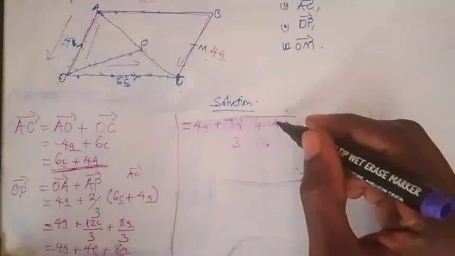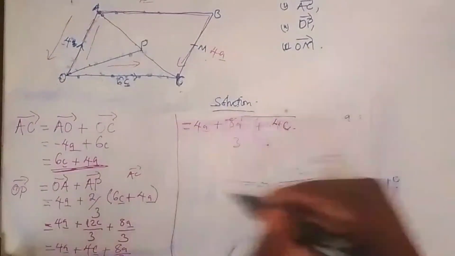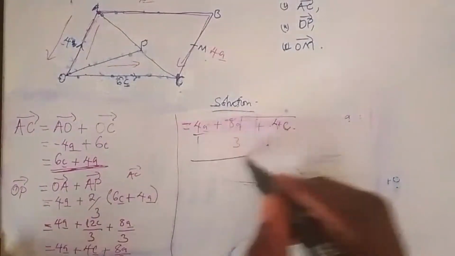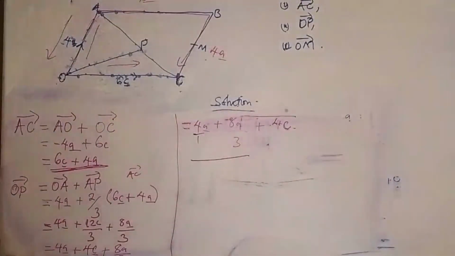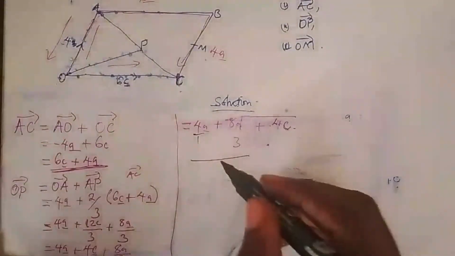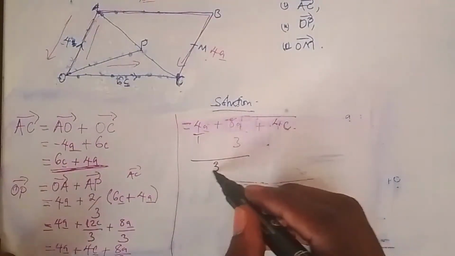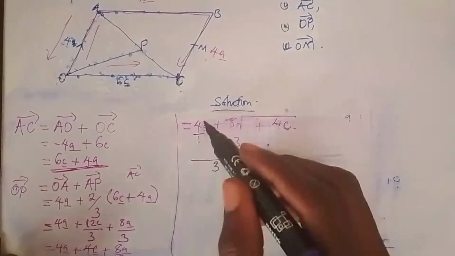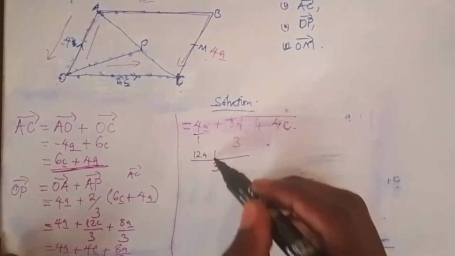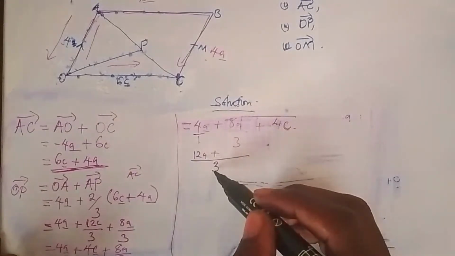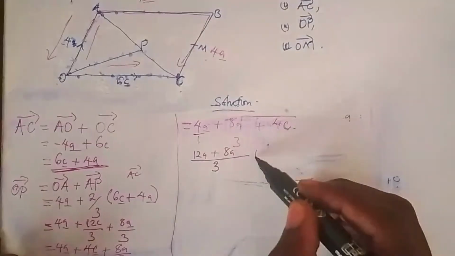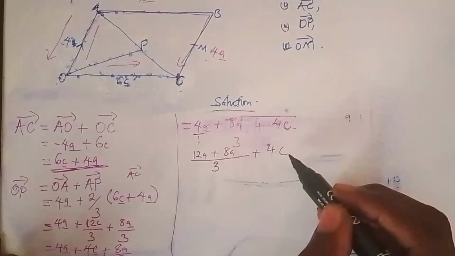So you can basically add. Here you can introduce 1 so that you balance up the fraction. What is the common factor? The common factor here is 3. Then 1 into 3, 3. 3 times 4, we have 12A plus 3 into 3, 1. 1 times 8, we have 8A plus 4C.